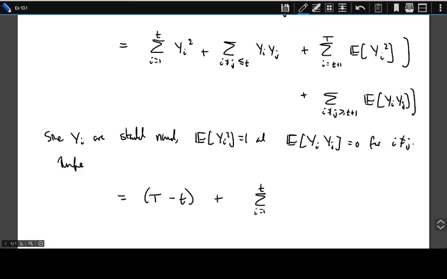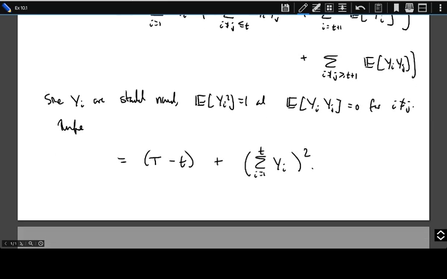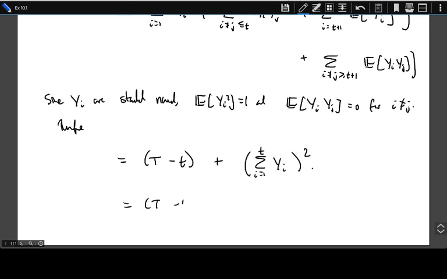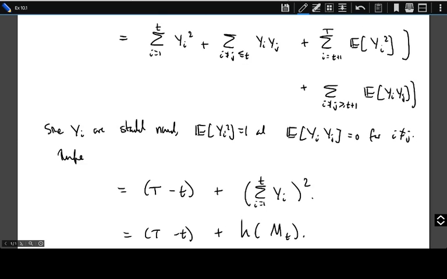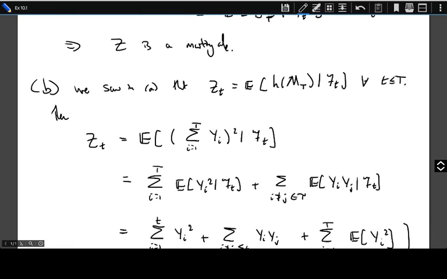We can combine these sums again, doing exactly the reverse of what we did before, and get that this is equal to the square of the sum of the Y_i's. Nothing more than just the arithmetic of what we did before, which conveniently is equal to H applied to M at time little t. That then is a finished expression of the Snell envelope in this example.